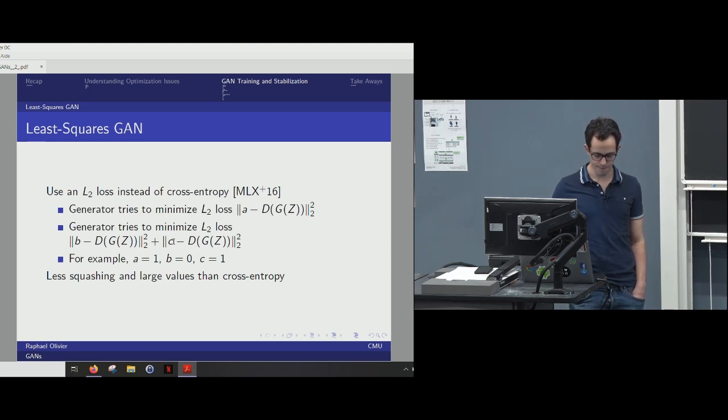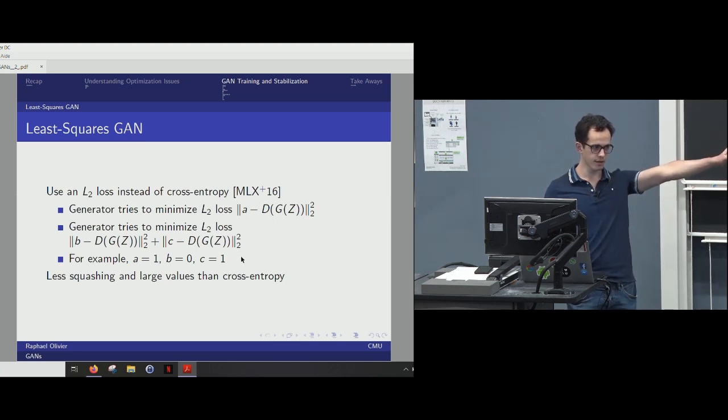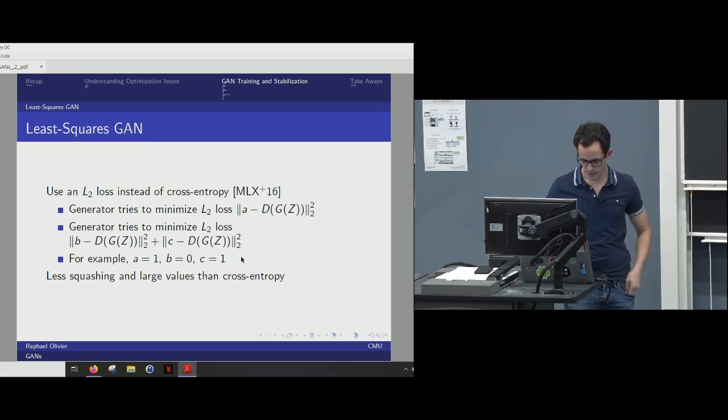So your generator and your discriminator have these two objectives. If you just want the generator to produce real data, it would make sense that A is equal to C, which is what we have in the setting here. That way, there is a point that means real and a point that means fake. The generator is trying to send the fake onto real, and the discriminator is trying to send the fake onto fake and the real onto real.